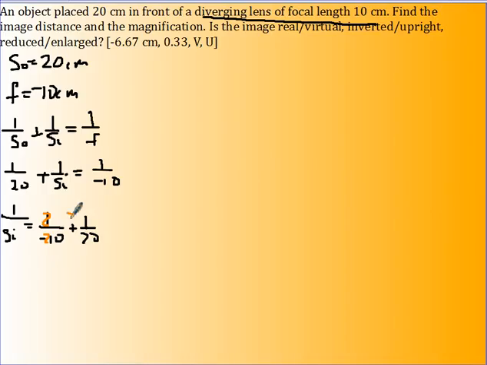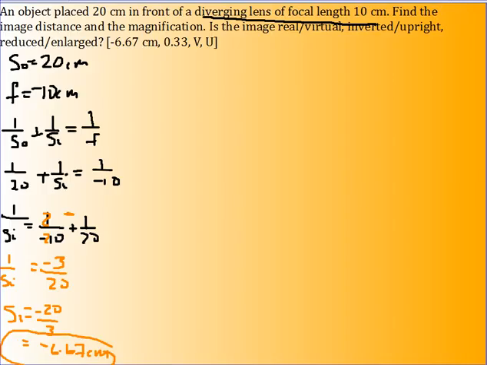Okay, so negative 2 minus 1, so this is negative 3 over 20 is 1 over SI. So SI is negative 20/3. So it is negative 6.67 centimeters.